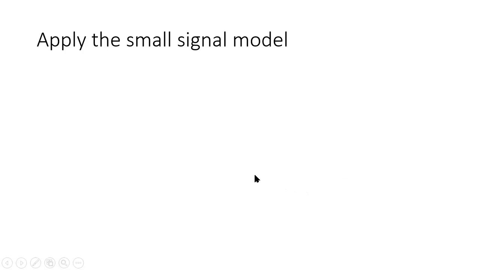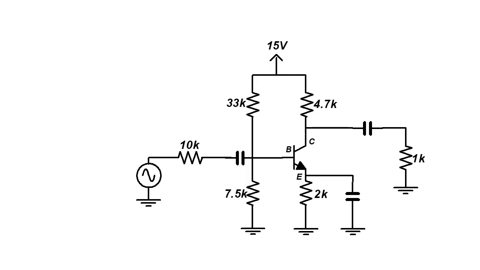Good. Let's apply the small signal model to a common emitter circuit like this one. First, I encourage you to solve the circuit in DC. That will involve only those 4 resistors, the source at the top, 15 volts, and the transistor.